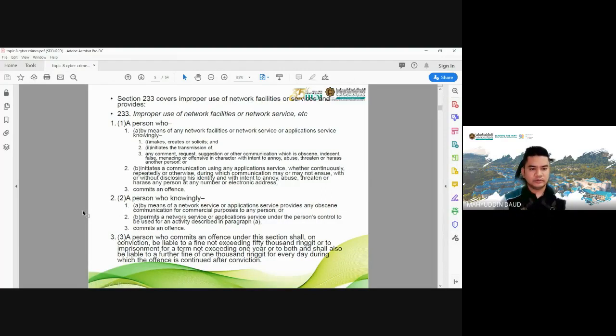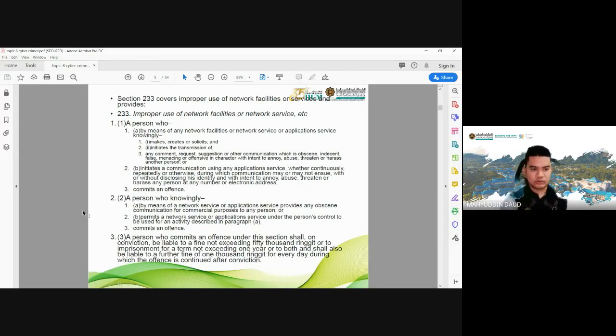So a person who by means of any network facility knowingly makes, creates, or solicits and initiates the transmission of any comment, request, suggestion, or other communication which is obscene, indecent, false, menacing, or offensive in character, with intent to annoy, abuse, threaten, or harass any other person.